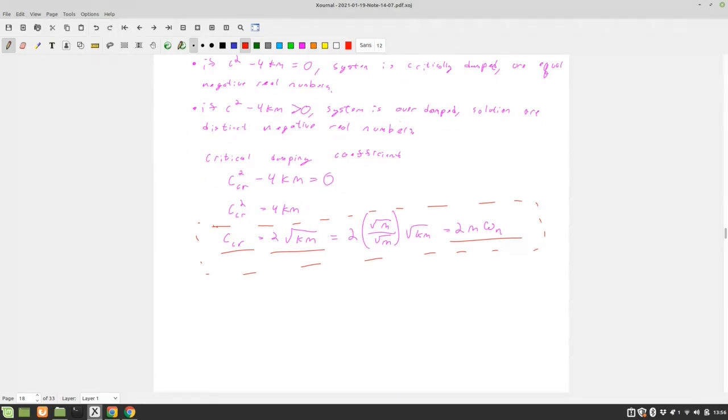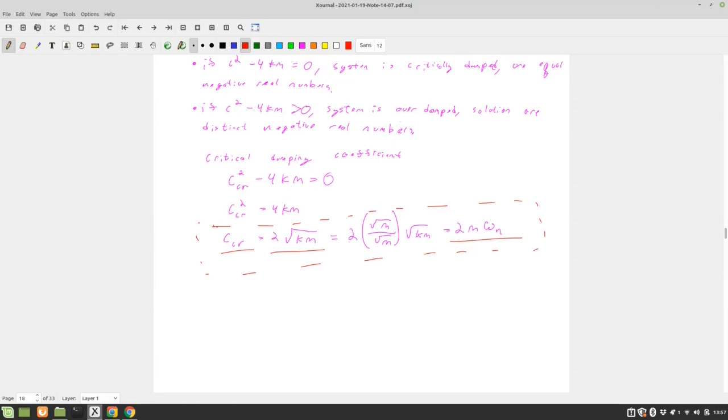Okay, so let's say you're in an engineering meeting, and someone tells you their system has a critical damping of 12. What does that mean? Objectively, with what we know right now, is that number helpful at all? Is it underdamped, overdamped?